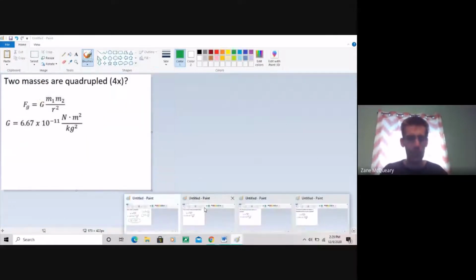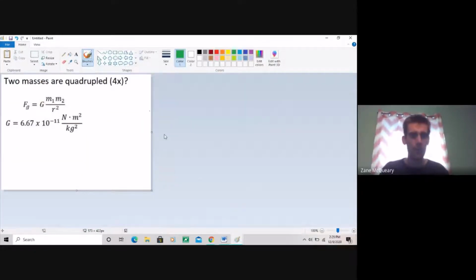We can also change both masses. So maybe now in our picture, all right, those masses got a lot bigger. All right, the distance between them, I know it's not a good job on this picture. We're going to say the distance hasn't changed. So just pretend like those are the same right there. But the masses have changed a lot. So once again, get rid of that G because it's the same in both of those.